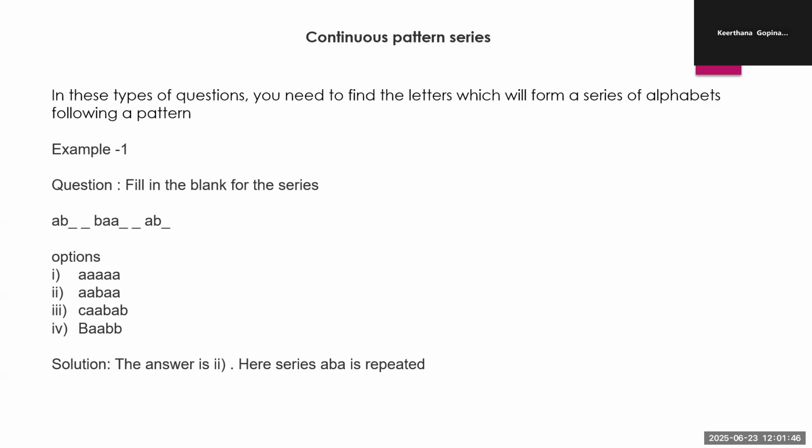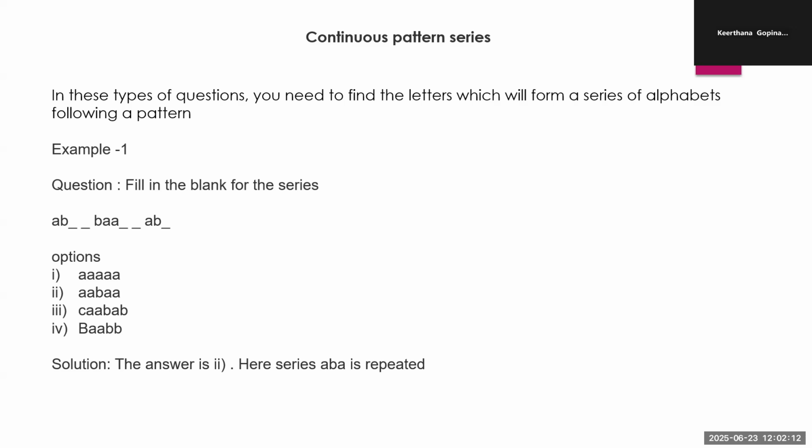So the question given is fill in the blank for the series AB blank blank BAA blank blank AB, and there is a gap following that. There will be multiple options which are given. Which option will fill in all these blanks? That is the question for you.